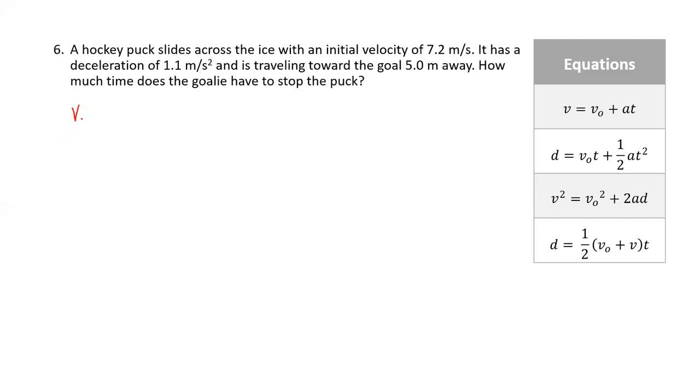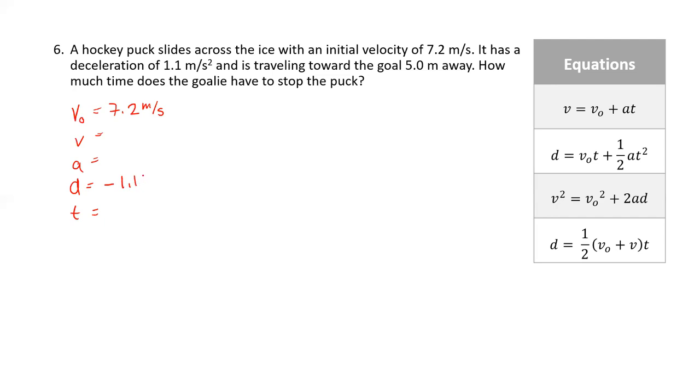So we want to list our variables. So we'll go through our question and I'm just going to list and pull out each of the information. It's a long question, so I'm assuming I need everything. A hockey puck slides across the ice with an initial velocity of 7.2 meters per second. It has a deceleration, so it's slowing down, of negative 1.1.